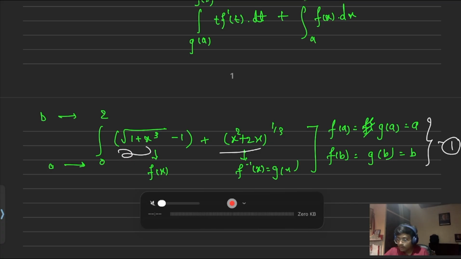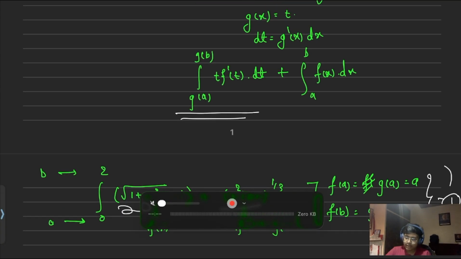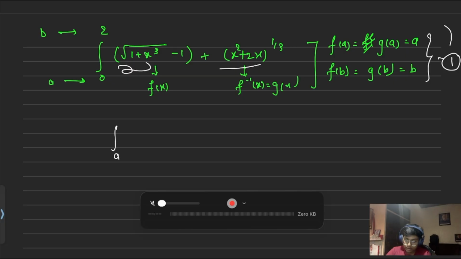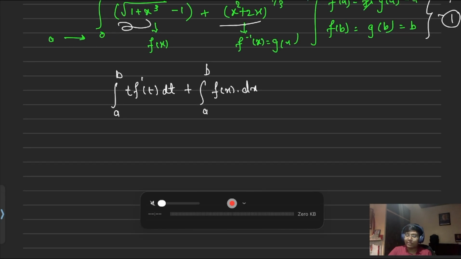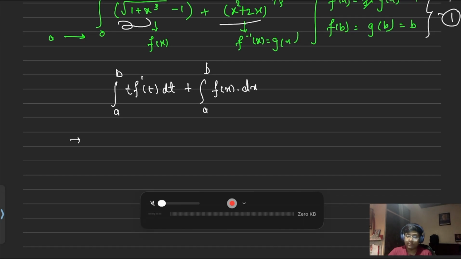So now using this, we'll simplify this integral. Here we can replace g(a) and g(b) by a and b, because g(a) is a and g(b) is b. So we get the integral from a to b of x f dash(x) dx plus the integral from a to b of f(x) dx. And every JEE aspirant must know the simplest property of definite integrals, so I can write this whole function as the integral from a to b of f(x) plus x f dash(x) dx.